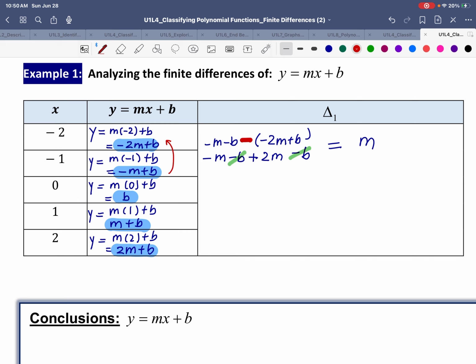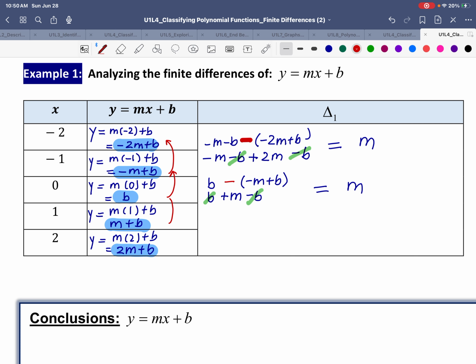Next we have the difference between b and negative m plus b. Similarly, we have b minus negative m plus b, so that's b plus m, and then minus b. Again, the constants will add to 0, and we get m again.